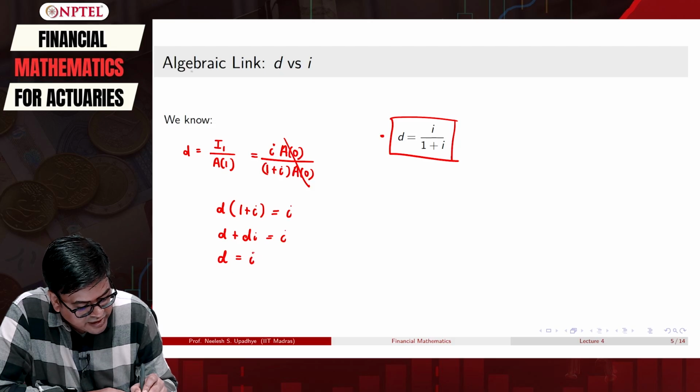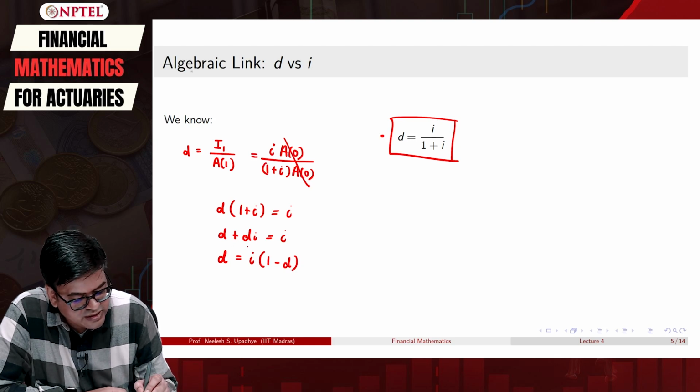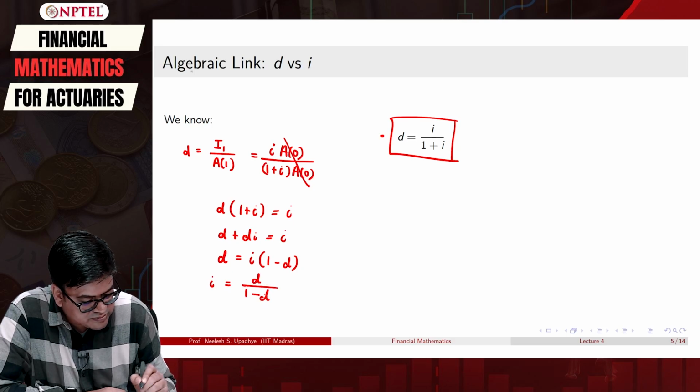So it will be I times 1 minus D, because taking it on to the other side is equivalent to subtracting ID from both sides. So I into 1 minus D. So what I got, I is equal to D upon 1 minus D.